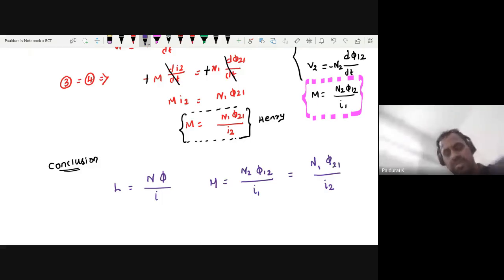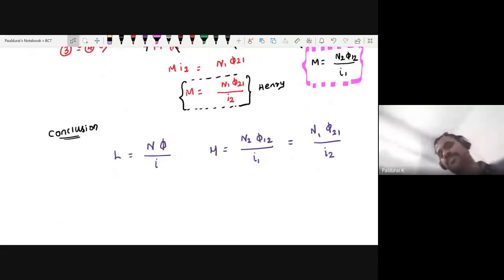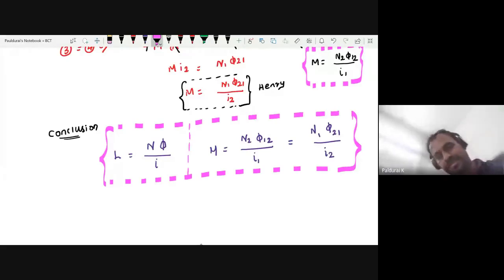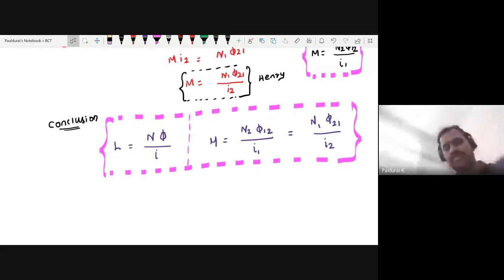Okay, so these three formulas I want to give. Got the clarity? Are you with me?